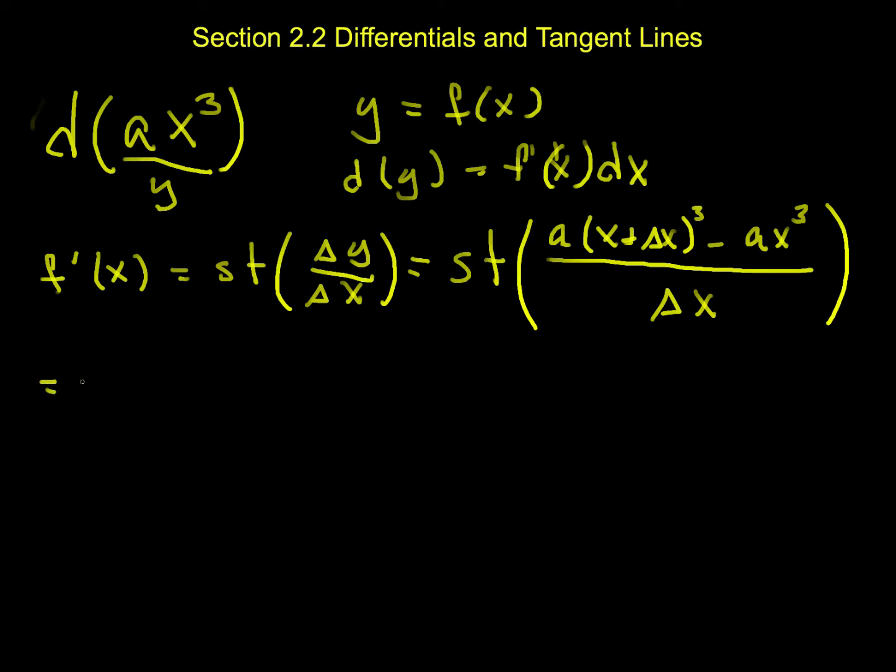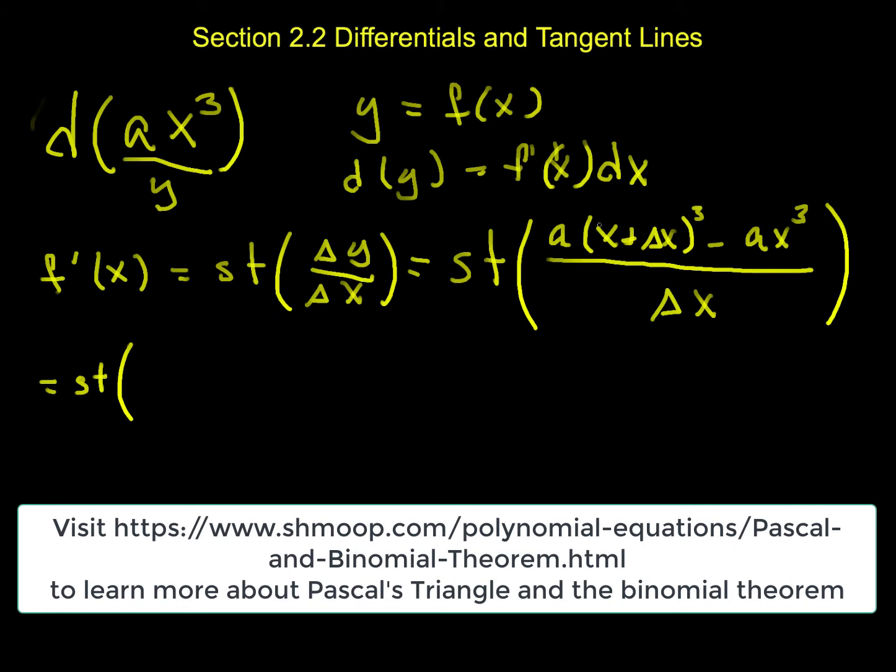So this is the standard part. Expanding this out, and I'm not going to do the gory details. You can either use Pascal's triangle to determine what the coefficients are, or you can just FOIL this out 3 times.